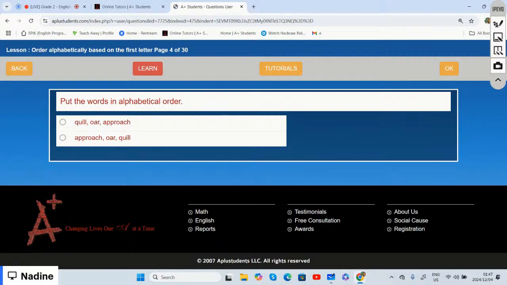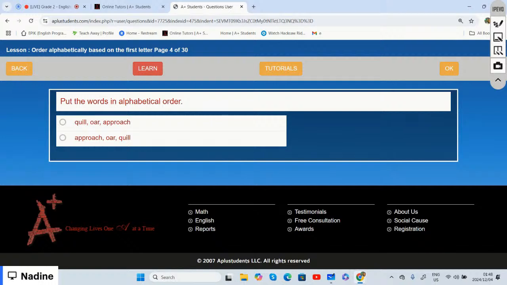The words that we need to put in order first, based on our alphabetical order. All right, so option one, option two.